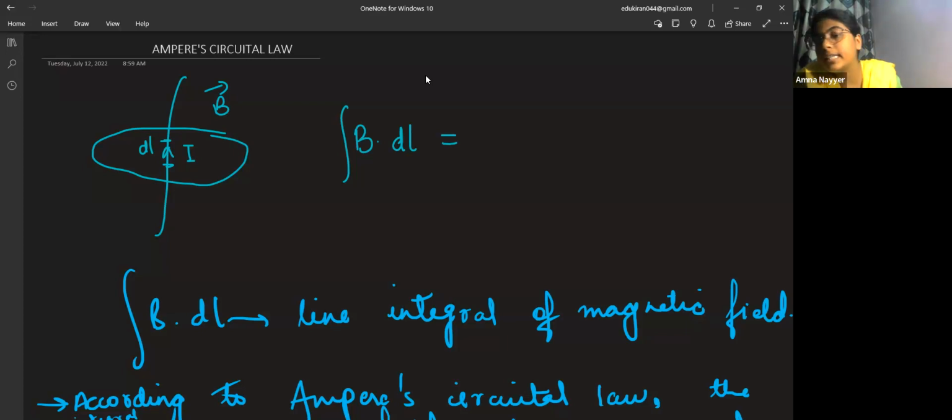So B dot dL is line integral of magnetic field. In a small segment dL, how much magnetic field is being contained, and we are integrating it to find out the current through the entire wire. So line integral of magnetic field, integral of B dot dL.